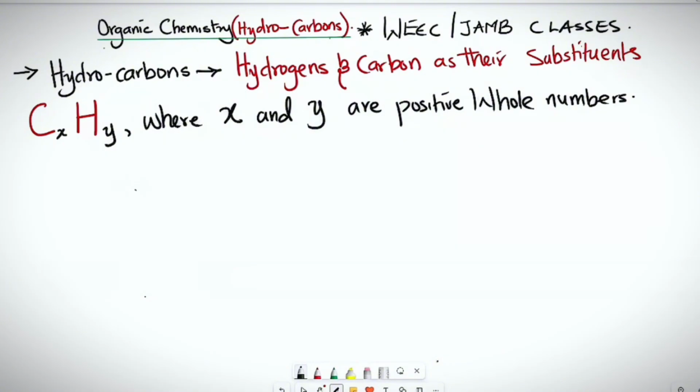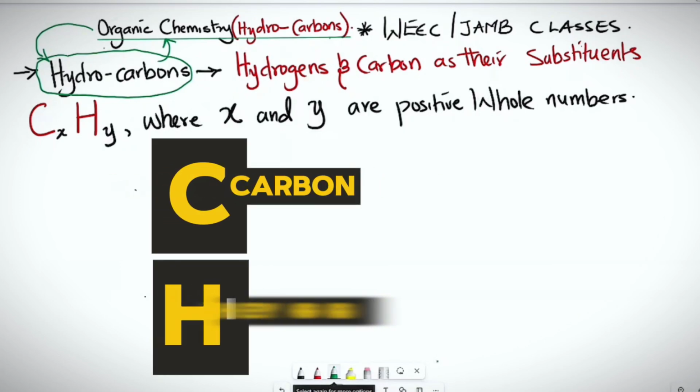I said in understanding organic chemistry, the first thing we need to understand is what we call the hydrocarbons. If we know the chemistry behind hydrocarbons, we are good to factor our lineup as regards what organic chemistry is. And when we're talking about hydrocarbons, we're looking at the chemistry of carbon and hydrogen as their major substituents, right?